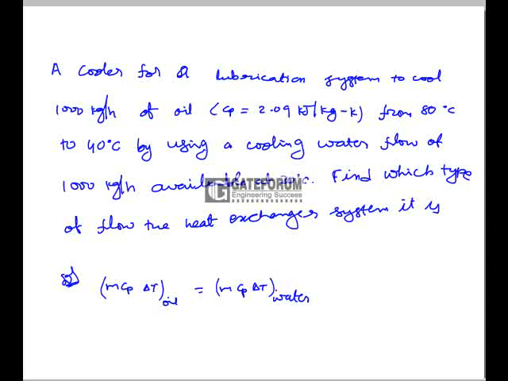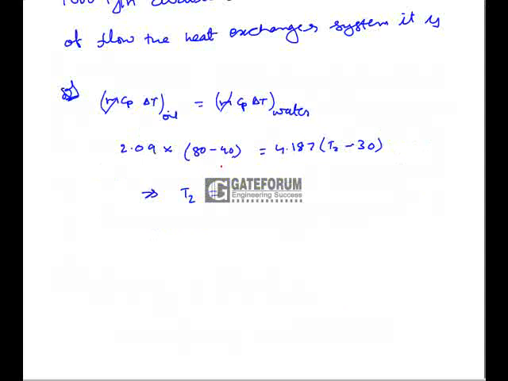Here the mass flow rates of both oil and water are equal, but Cp of oil is given by 2.09 kilojoule per kg Kelvin and the change in temperature is 80 minus 40, and Cp of water is 4.187. The inlet temperature of water is 30, so the final temperature of water, let us say T2, we can find from this equation, that is nearly 50 degrees centigrade.